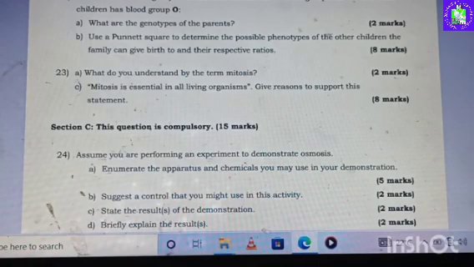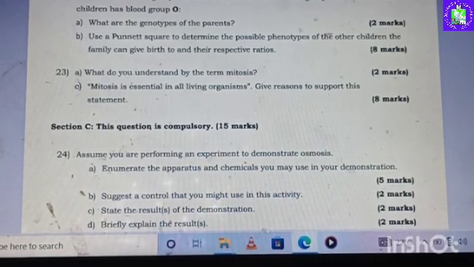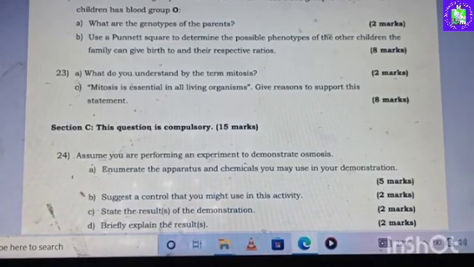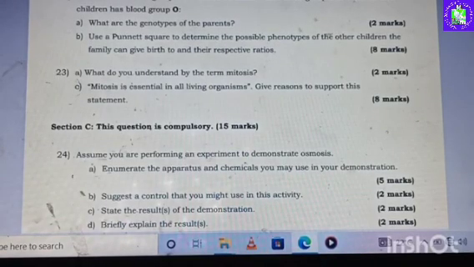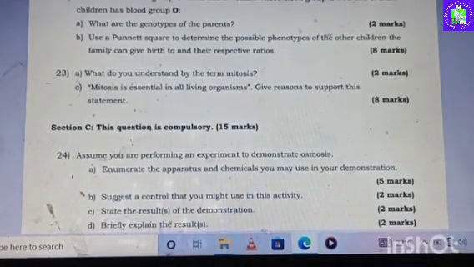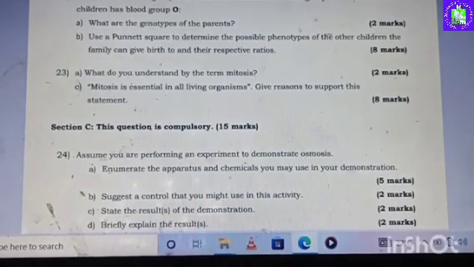That is the apparatus. Let me draw it. Take the Irish potato, that is the beaker. Irish potato. Then you put sugar. Here you put distilled water, and here you have potato.